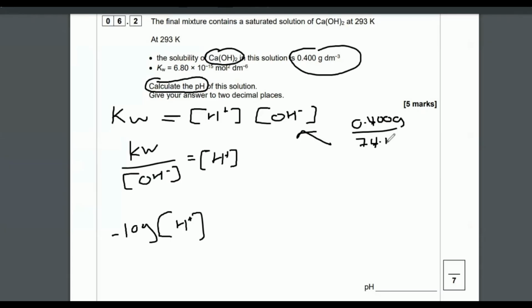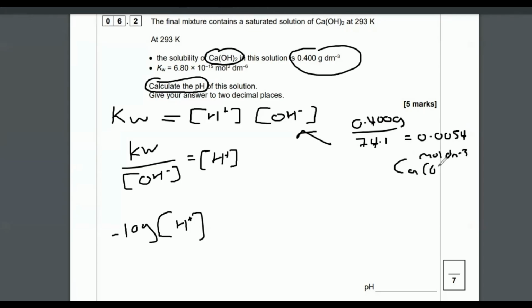So let's do 0.400 divided by 74.1. And that is going to give me 0.0054. So I've got a concentration of 0.0054 mol dm⁻³, and that is of calcium hydroxide.